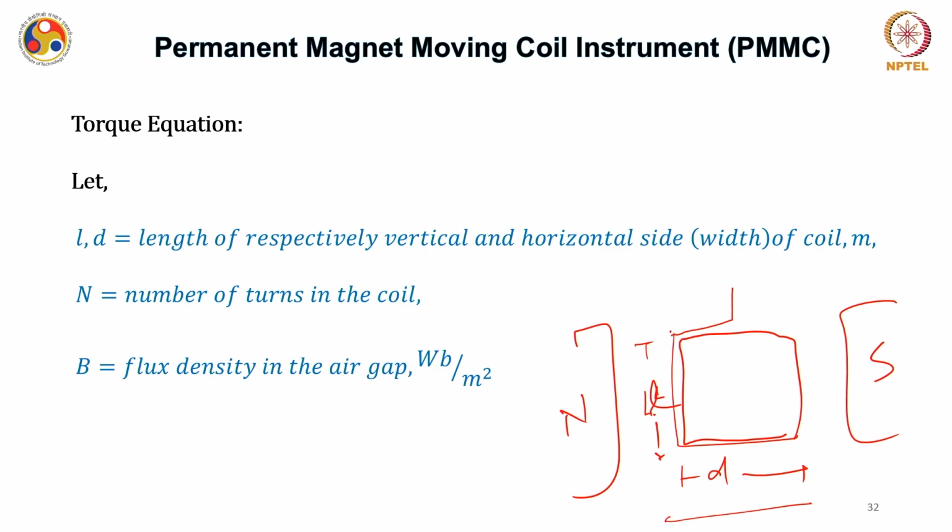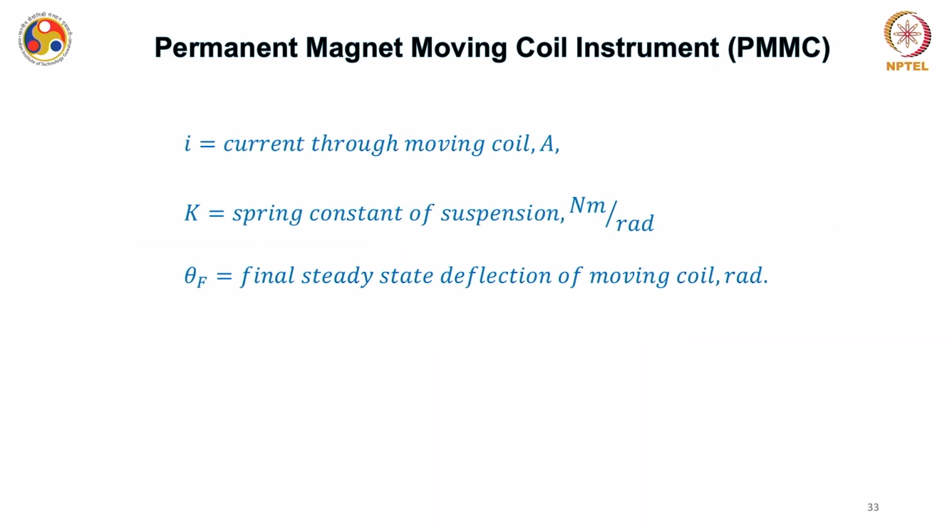N is the number of turns. B is the flux density in the air gap in Weber per meter square. I is the current which is moving through the moving coil. K is the spring constant of the suspension, and say theta is the final steady state deflection of the moving coil.